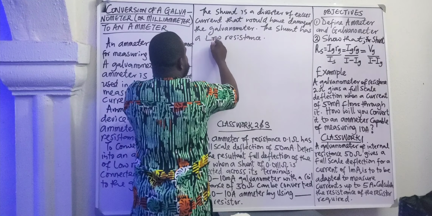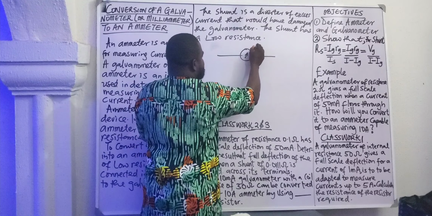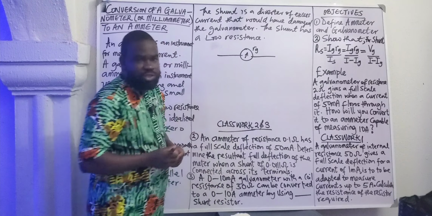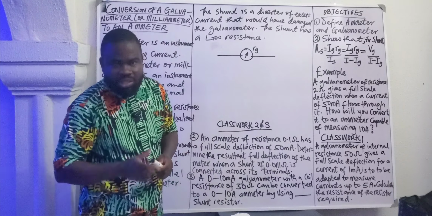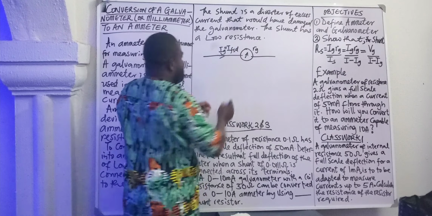Let's take a circuit, for example. Let's say this is the galvanometer. Let the resistance of the galvanometer be R_G. R_G is the internal resistance of the galvanometer, or the resistance of the coil of the galvanometer. Then let the current that the galvanometer will take be I_G. This I_G is also the full scale deflection current, FSD.